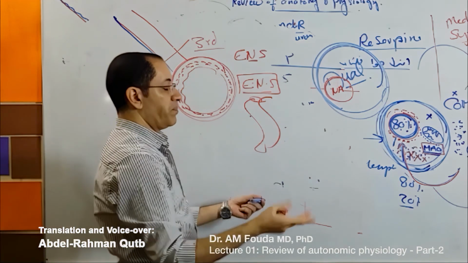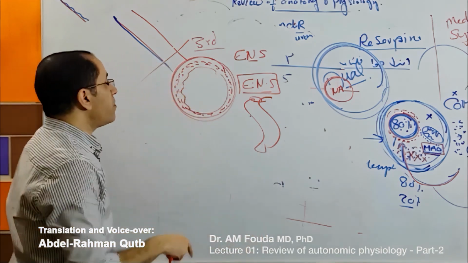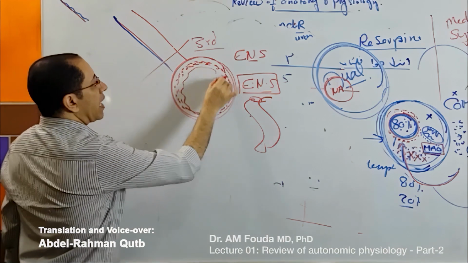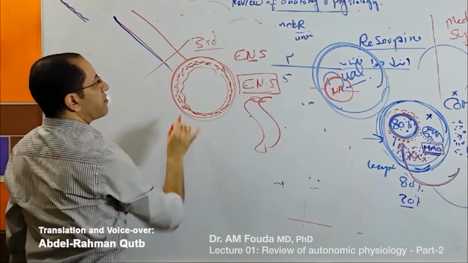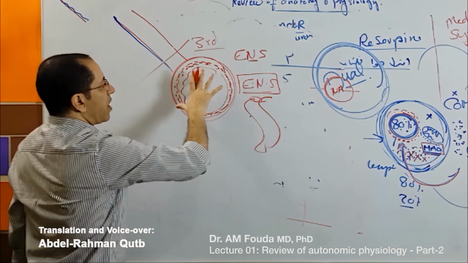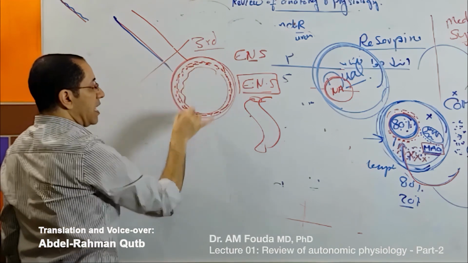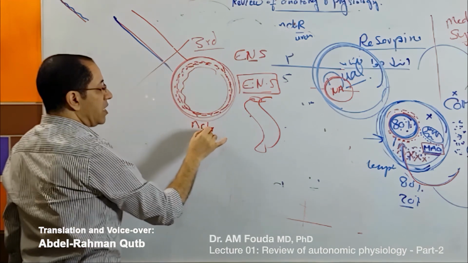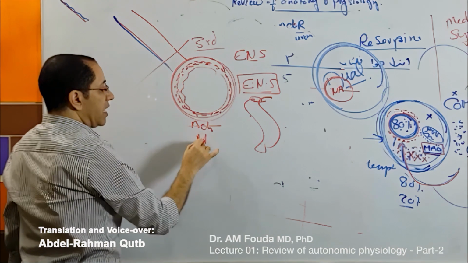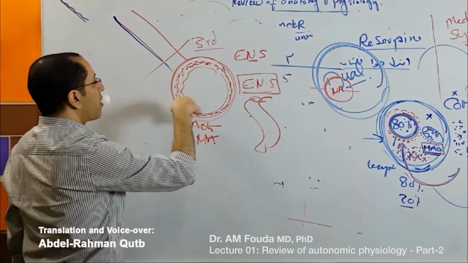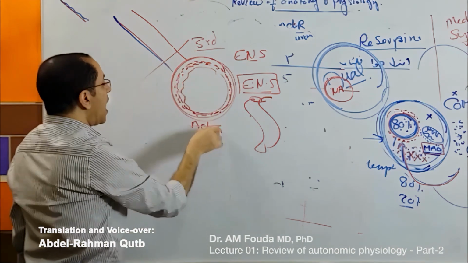Another fact you need to know: although the enteric nervous system is a third part of the autonomic nervous system, the nerves controlling this system neither release acetylcholine nor noradrenaline. So, how do these neurons work? They act through other transmitters.